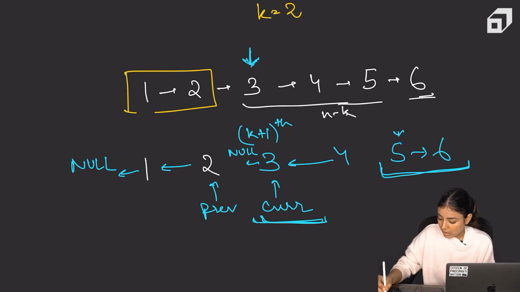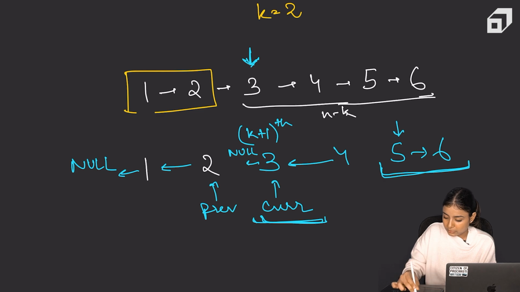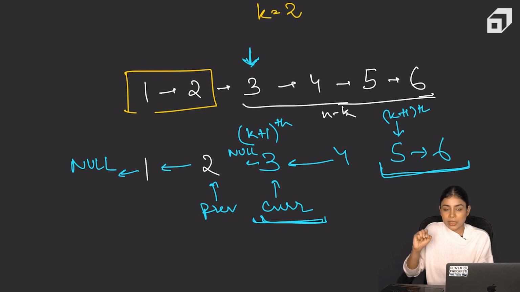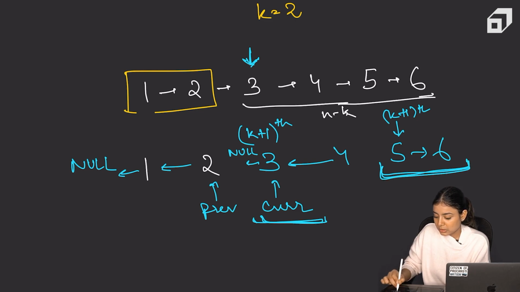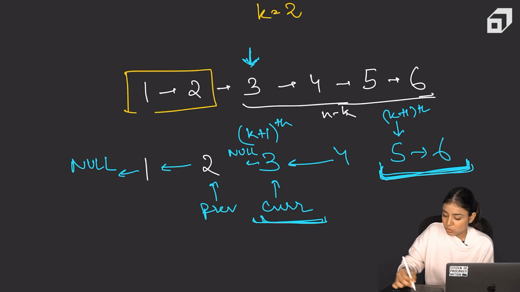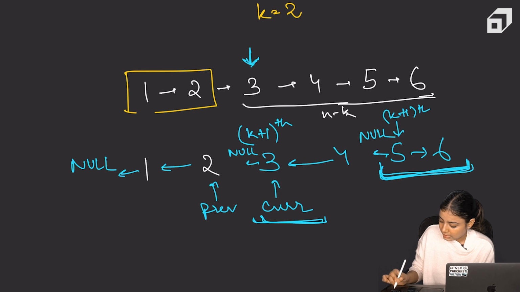Again, once I have covered k nodes, 5 would become my k plus 1th node. So again I'll call the recursive function for 5, and it will reverse these two nodes for me. It will make 5 point to null and 6 point to 5.